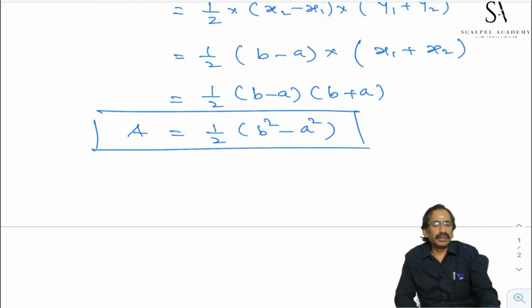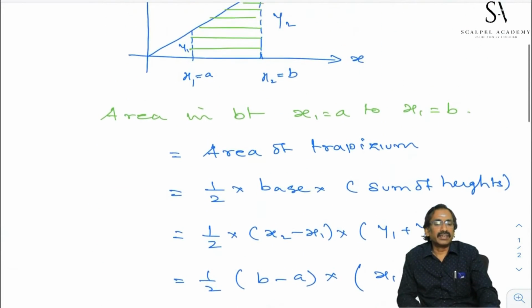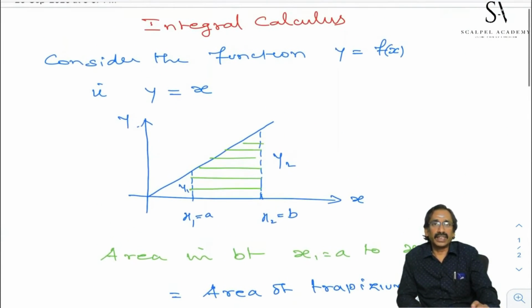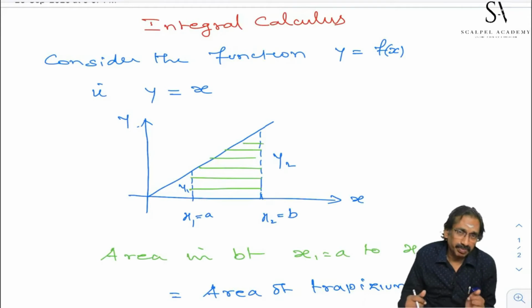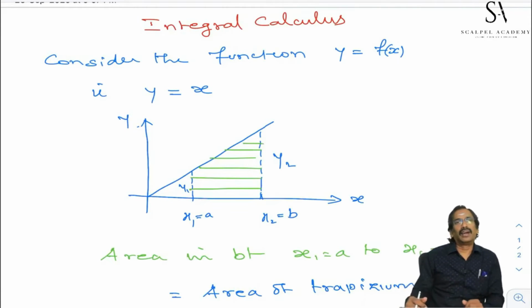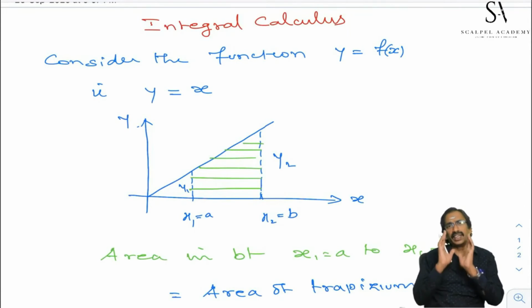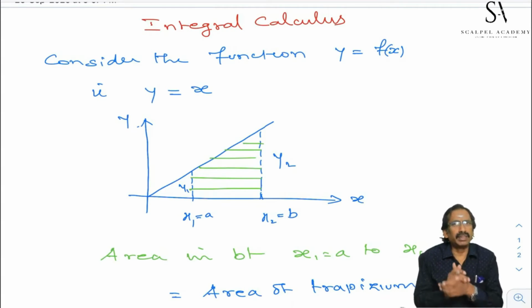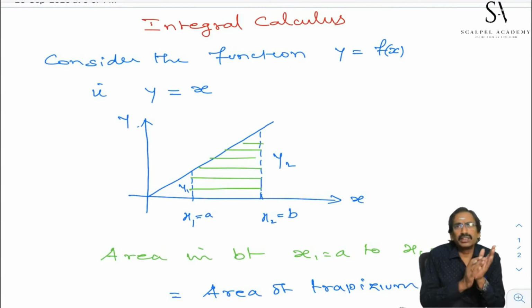This method is very simple, because y is equal to x is a very simple function. Suppose y is equal to x square, you may find some difficulties to find it. You may not get a trapezium. But if you divide this area into a number of small elements, the more small elements you divide, you will get a simplified element.